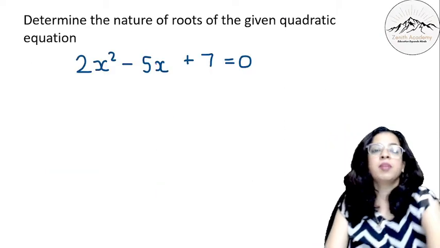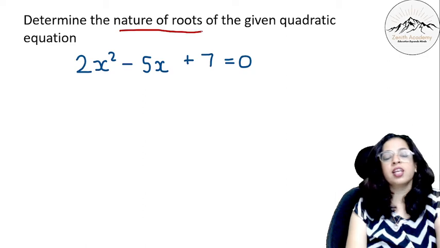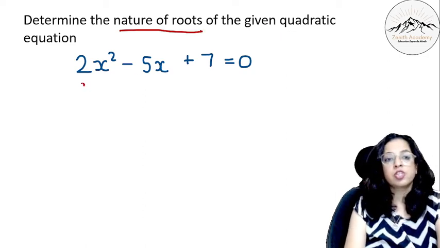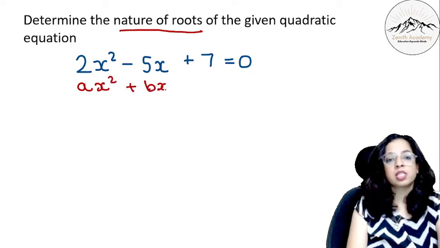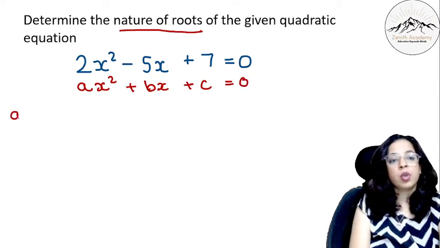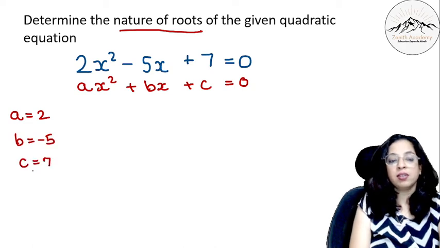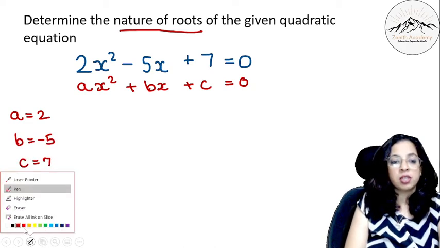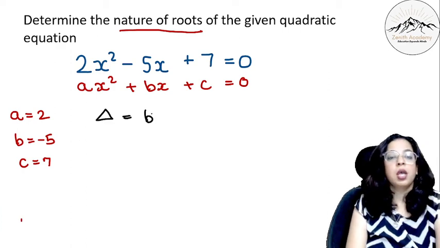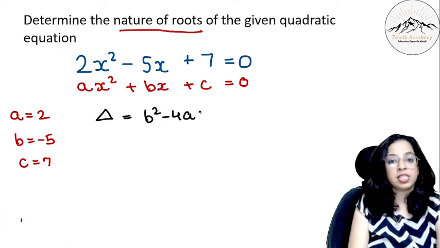Now see, determine the nature of roots. Here they have asked you the nature of roots of the given quadratic equation. So first you compare it with the standard ax square plus bx plus c equal to 0. Okay, so a will be equal to 2, b will be equal to minus 5 and c will be equal to 7. Correct, students? Now let's find the discriminant. So discriminant is nothing but b square minus 4ac.